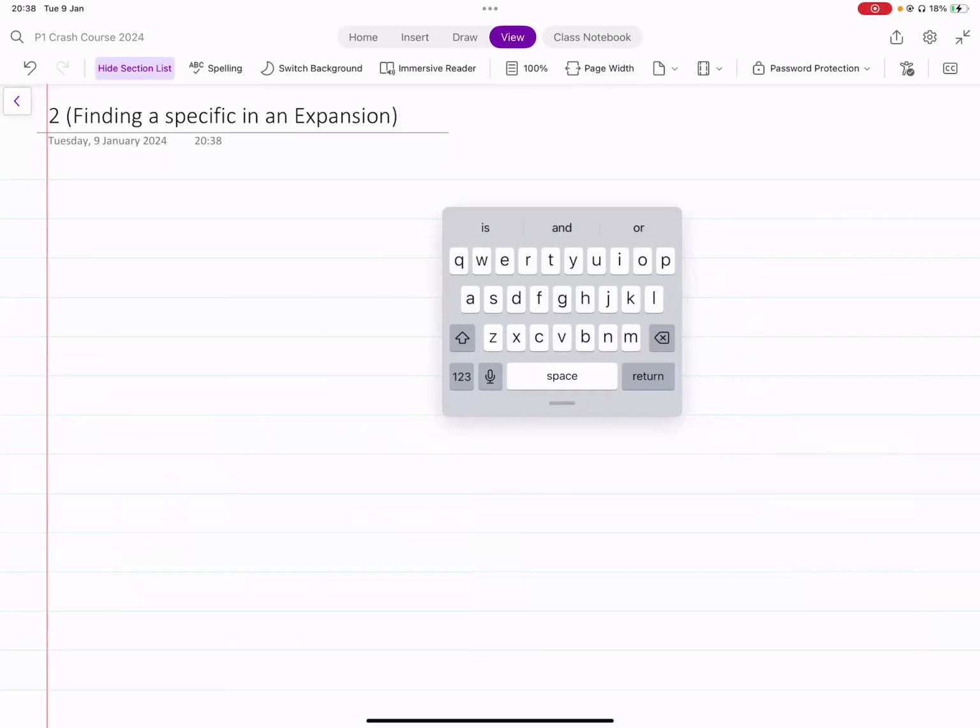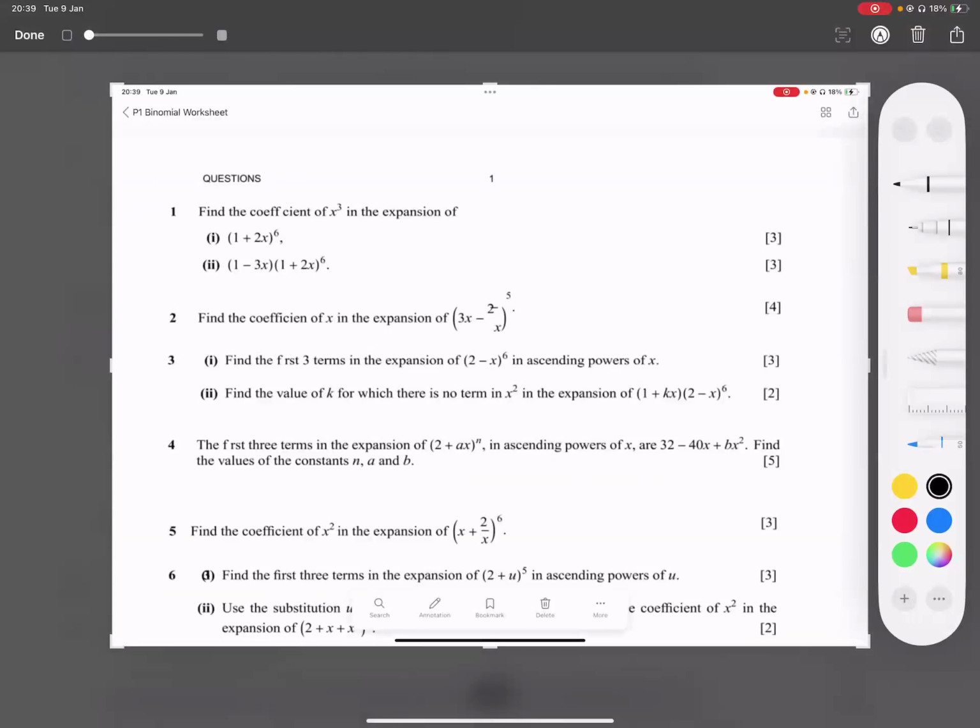That's question number 2 from the worksheet. Okay, let me just open this. All right, let's understand that using this example from the worksheet. Question number 2.